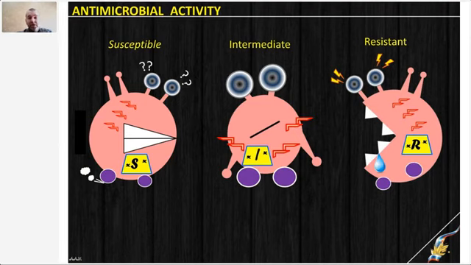And resistant bacteria, or R bacteria, it is a bacterial strain which is inhibited in vitro by a concentration of a drug that is associated with a high likelihood of therapeutic failure. Means that minimal inhibitory, minimal effective concentration is much higher than minimal toxic concentration.